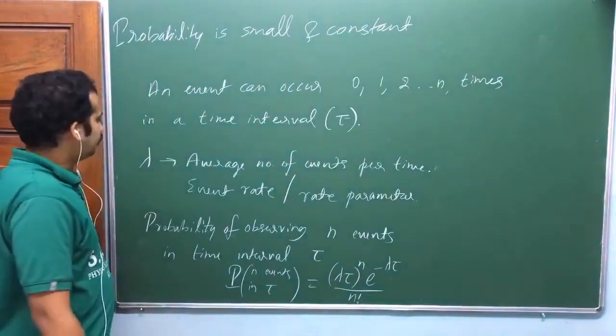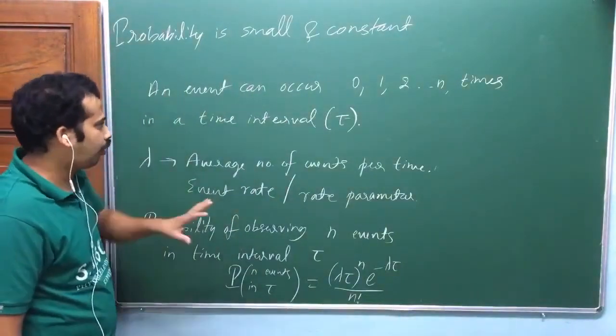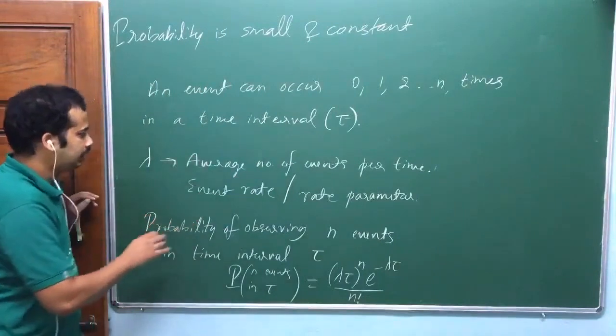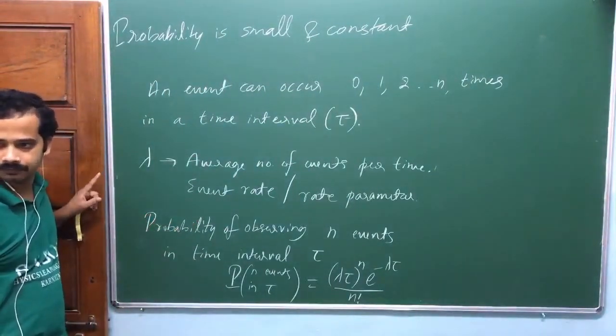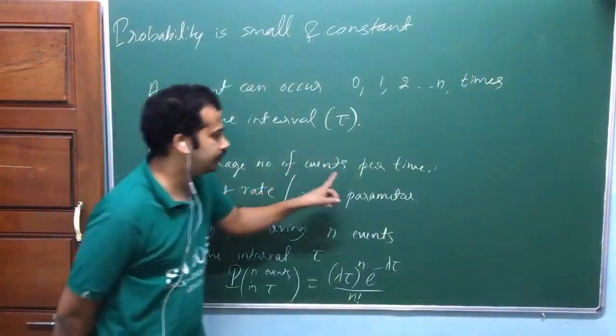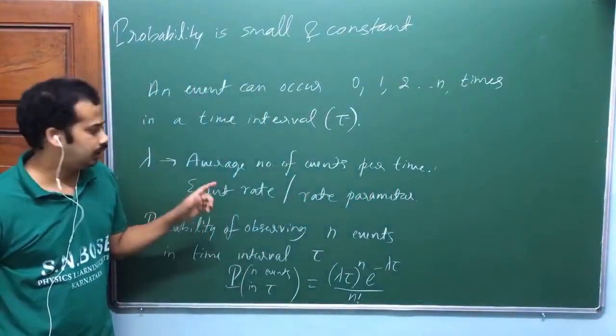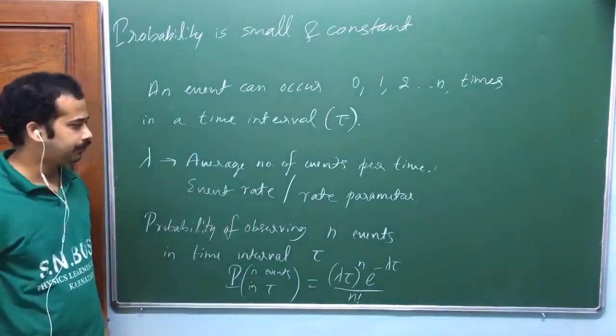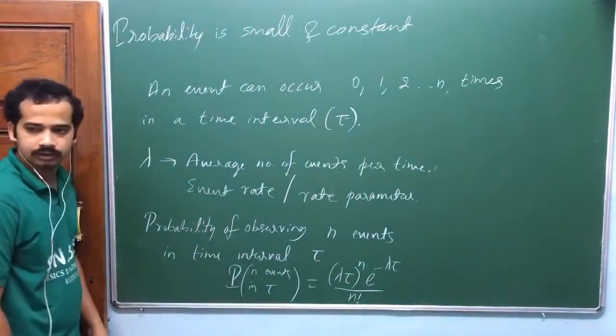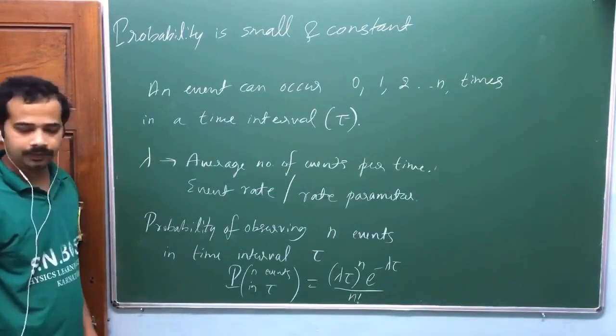So for this whole process, I am going to define the average number of events per time, lambda. We call that the average number of events per time, or event rate. Rate, I hope you know, is per time. Or we call it a rate parameter also.